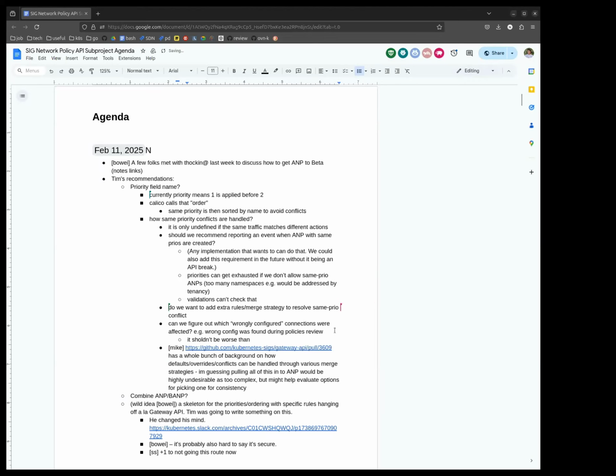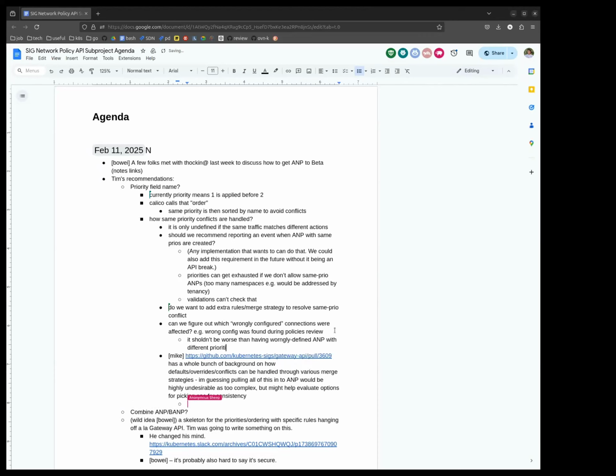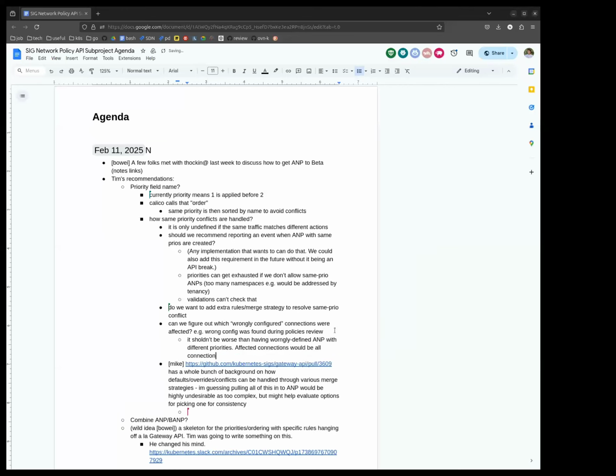And if you get the order of two priorities wrong, that's going to completely screw up your policy as well, right? So either you have simple policies that don't contradict each other, in which case the priorities don't really matter, or you have complicated policies that do interact with each other, in which case you have to be very careful about the priorities, regardless of what rule we come up with for dealing with overlaps.